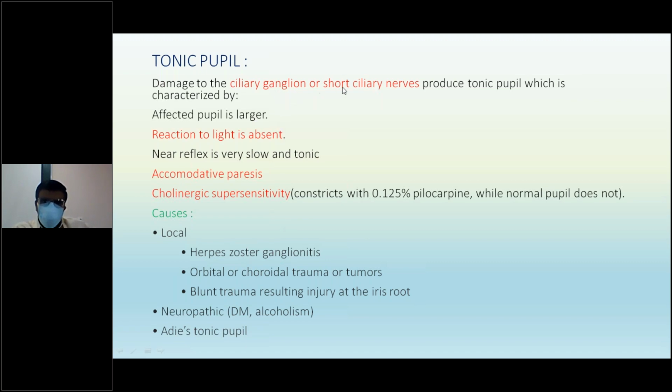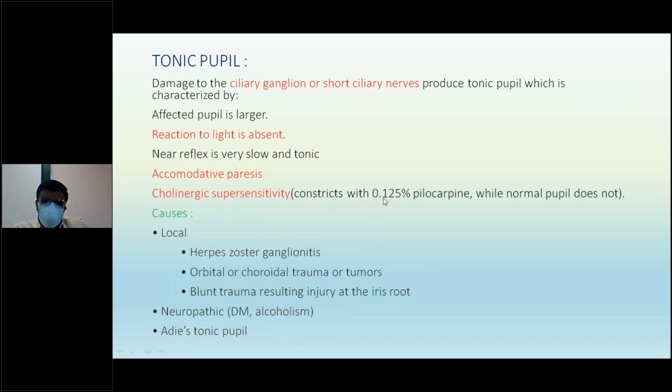Damage to the ciliary ganglion and short ciliary nerve produces a tonic pupil. It is characterized by a large pupil on the affected side, absent light reflex, and a very slow near reflex. There is also paralysis of accommodation, and there is cholinergic supersensitivity.